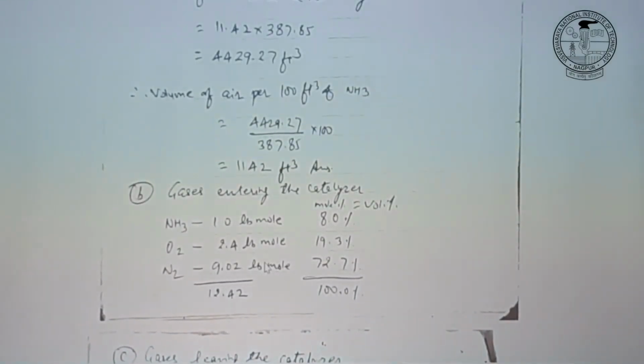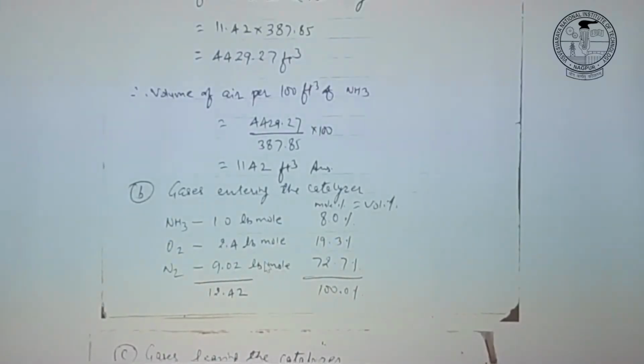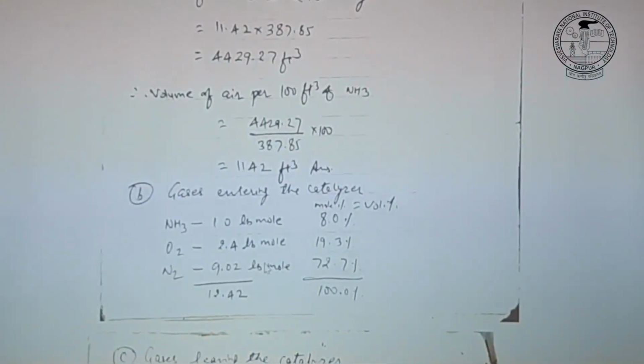We know the exact amounts, so we can find out their composition. For a gaseous system, the mole composition equals the volume composition. Sum them up, divide each one by the total summation, and multiply by 100. It will give you the percentage. So you see here, 8% ammonia, 19.3% oxygen, and 72.7% nitrogen. Total will be 100%. So this will be the composition of gases entering the catalyzer.